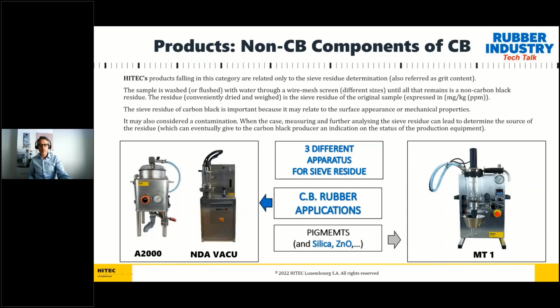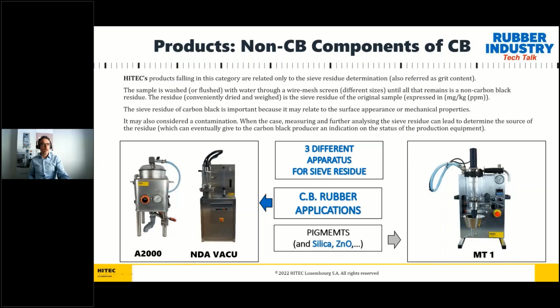The residue on the sieve is dried in a stove or oven, and the weight is taken. The sieve residue of the original sample is the material left after washing and drying, expressed in milligrams per kilogram or ppm.